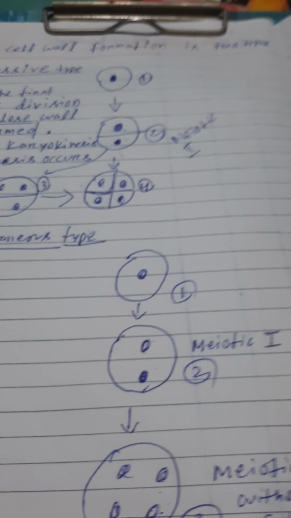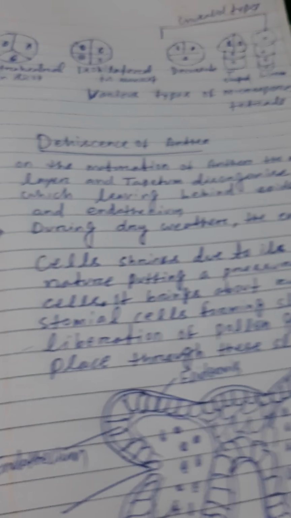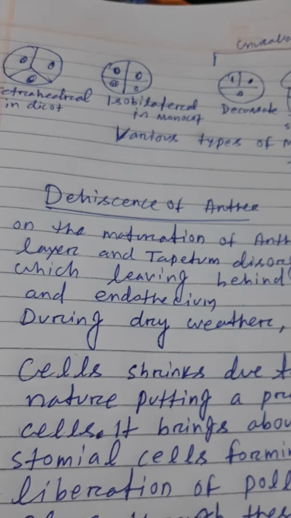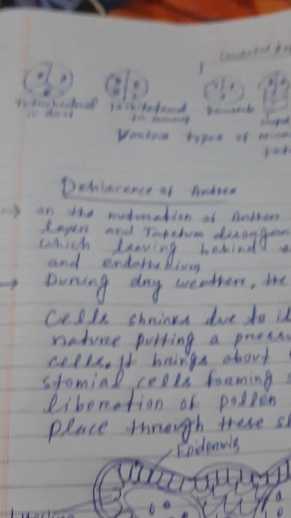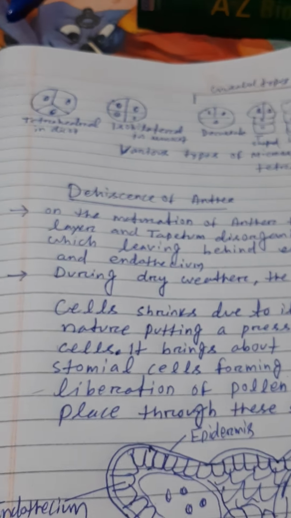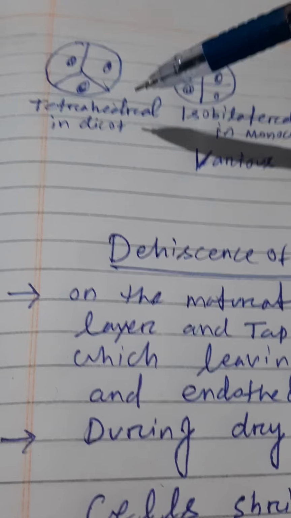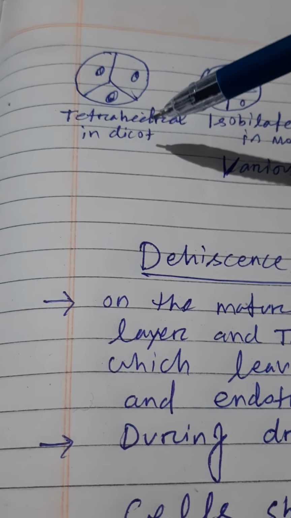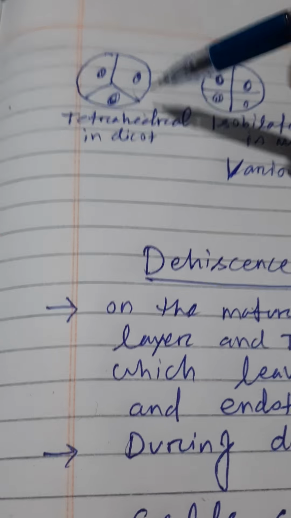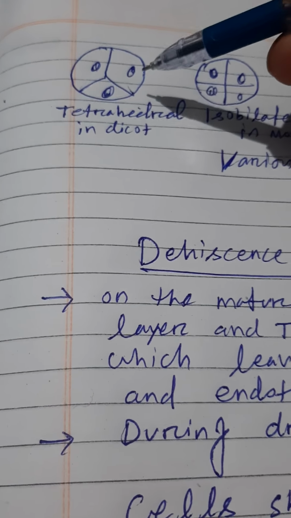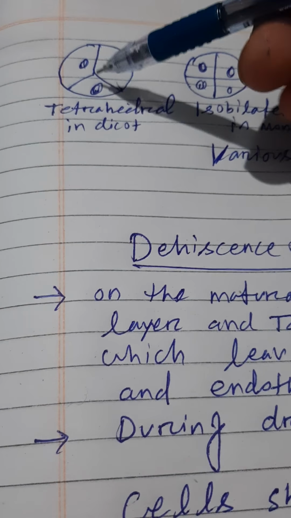Now you come to another thing, the different types of microspore tetrad. You can see there are different kinds of microspore tetrad, and this is one type, tetrahedral, mostly found in dicots, the usual type of microspore tetrad. You can observe here the shape of the microspore arrangement.